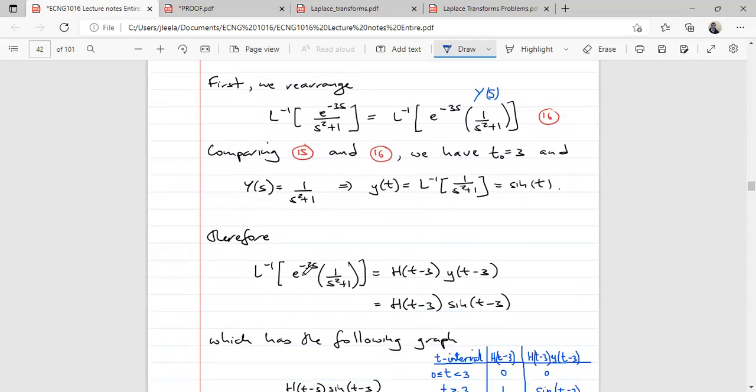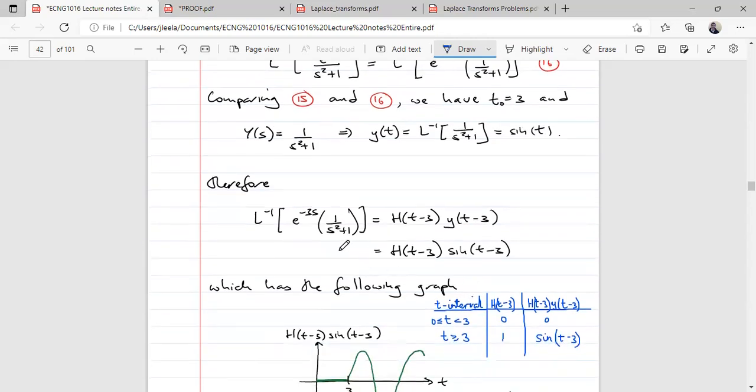So the Laplace inverse of e to the minus 3s over s squared plus 1 would be the Heaviside of t minus 3 times y of t minus 3. So if y of t is sine t, y of t minus 3 will be sine of t minus 3. So the answer here is H of t minus 3 times sine of t minus 3.